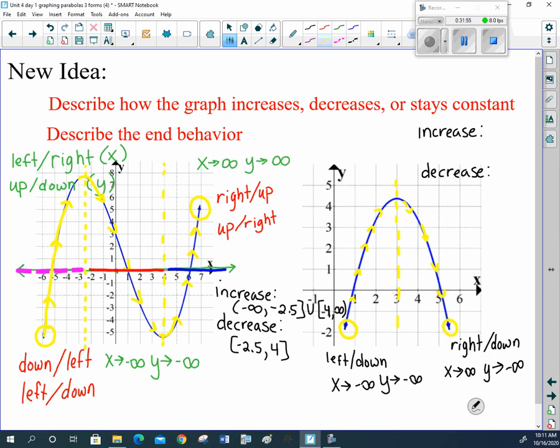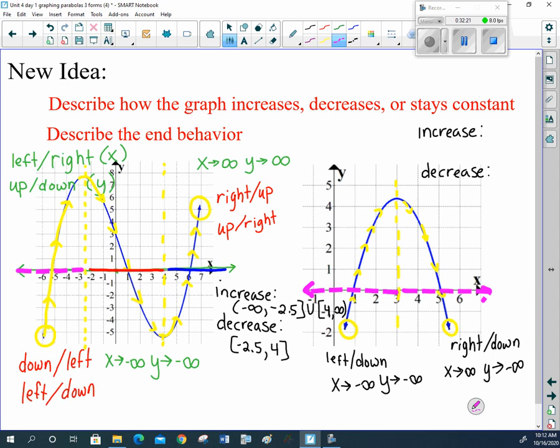So now we just have to describe that. And remember, we describe that with regions. And from the turning point, these little boundary lines, that dotted line that I drew in, we want to go to the left. And then it looks like there's one on the right. That's the two regions that I've created with my graph.